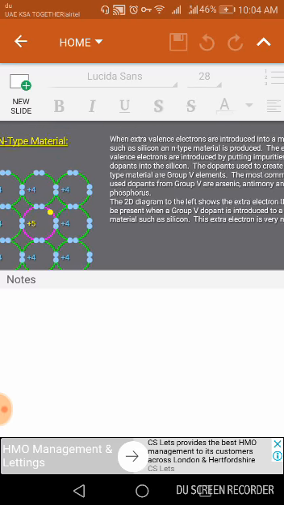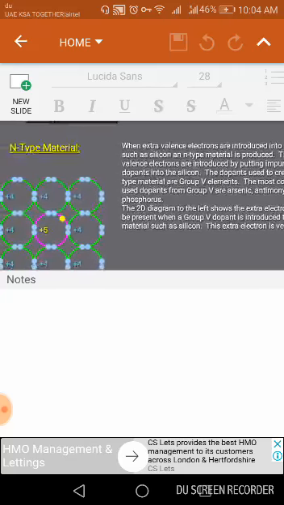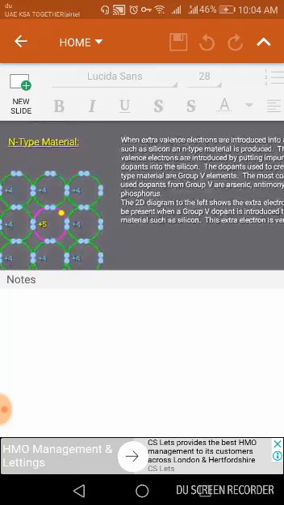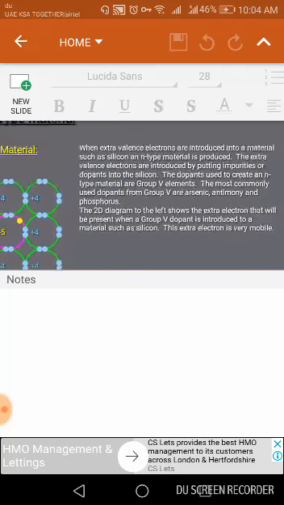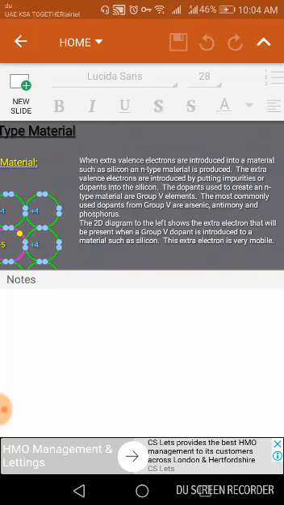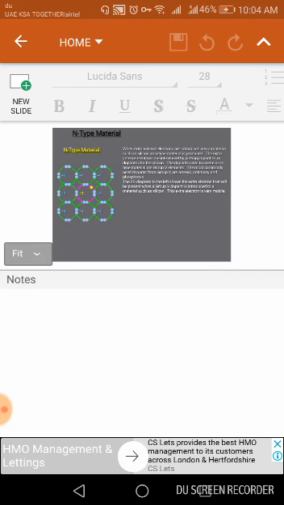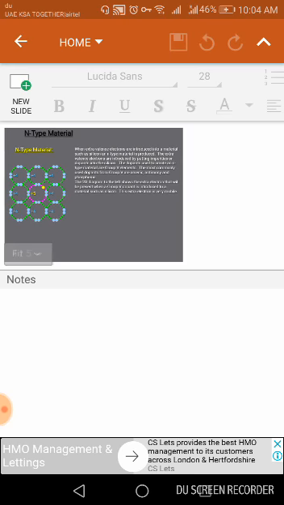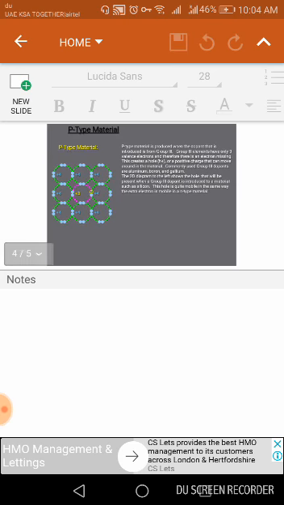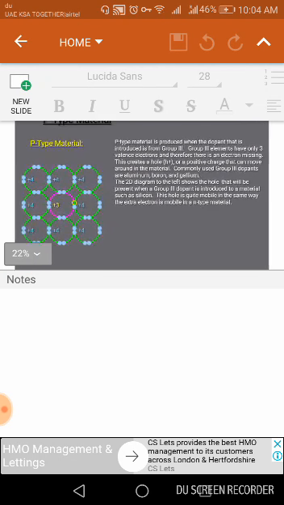Now, what is meant by a P-type semiconductor? The P-type semiconductor, on the other hand, is formed when trivalent impurities, that is, group 3 elements from the periodic table, are doped into the semiconductor. As shown in the diagram, +3 denotes the trivalent impurity, which can be aluminium, boron or gallium.